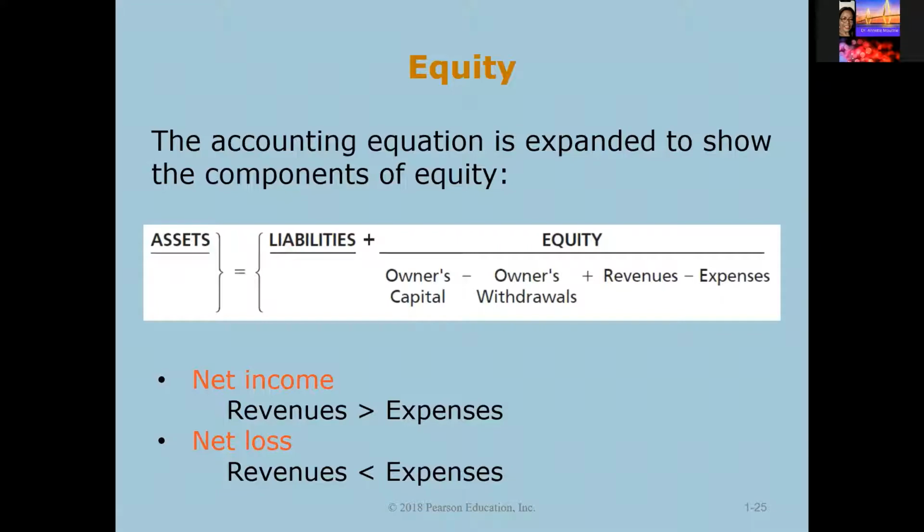The accounting equation is expanded to show the changes in equity due to contributed capital, dividend payments, revenues, and expenses. When revenues exceed expenses, the result is what we call net income.